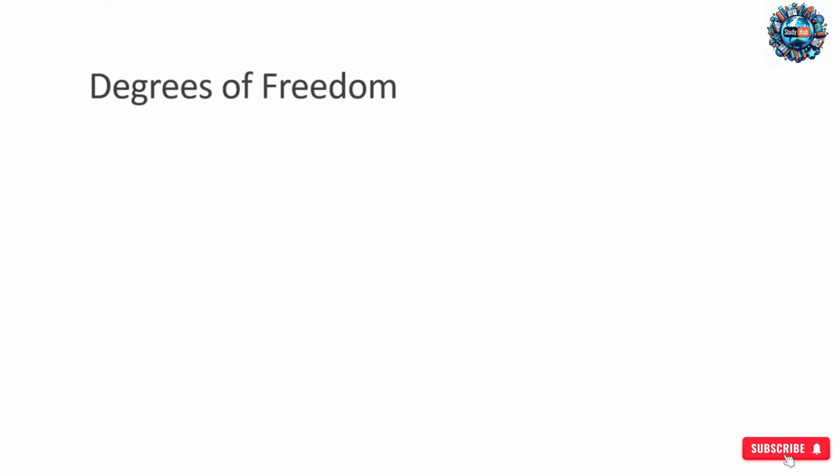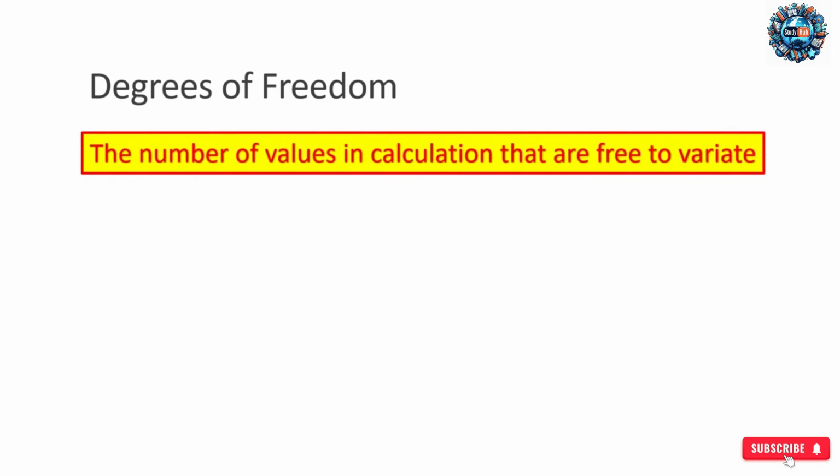There is another explanation why sample variance is divided by n-1, which is the degrees of freedom. Degrees of freedom is the number of values used in calculation that are free to vary. If we use the sample mean to compute the sample variance, we will lose 1 degree of freedom.